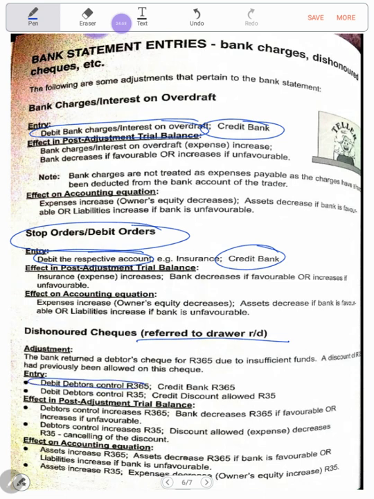The debtors control will now increase, because essentially we thought that the debtor has paid us, so we would have decreased debtors control. It's an asset, but because this check has bounced, that debtor never paid our money. So debtors control will once again be reversed and increase on the debit side. What happens to our bank? It will be credited. And then debtors control of 35 Rand will increase, because we have now cancelled the discount that we allowed that person. And discount allowed will then be credited.